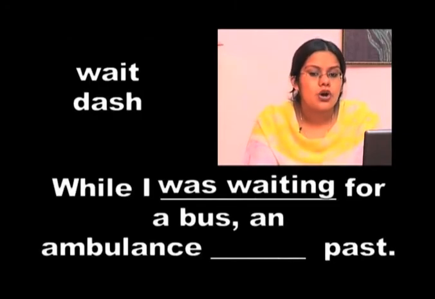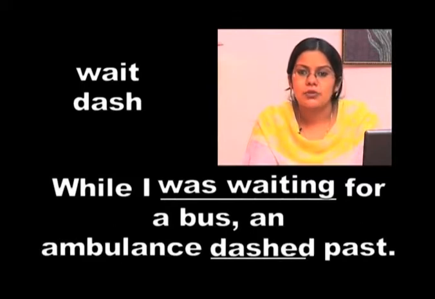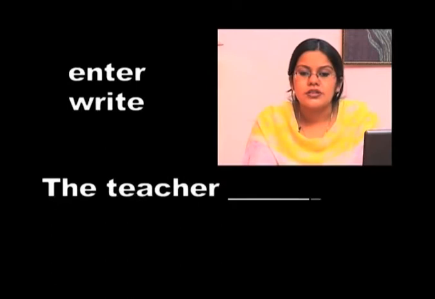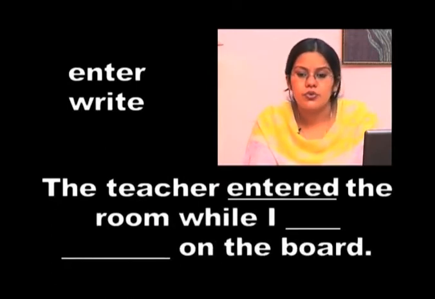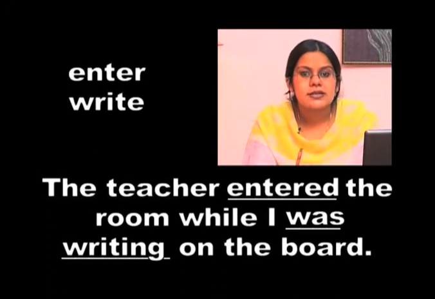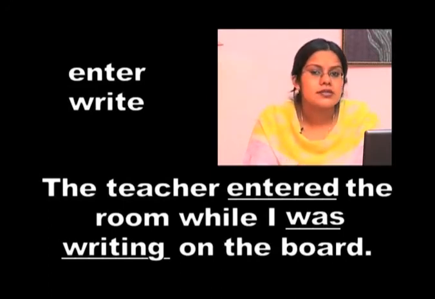While I was waiting for a bus, an ambulance dashed past. Next one. The teacher entered the room while I was writing on the board. So entered is in simple past. Was writing is an action which was going on at that point of time. So it is past continuous.